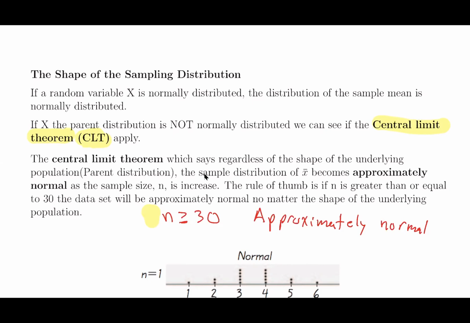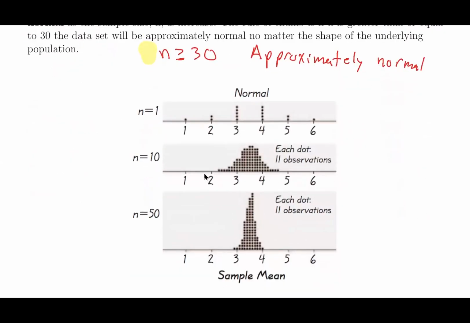So we only want to apply the central limit theorem when our distribution is not normal. Because if you look at this picture I gave you, if it starts normal, the new distribution will still be normal.